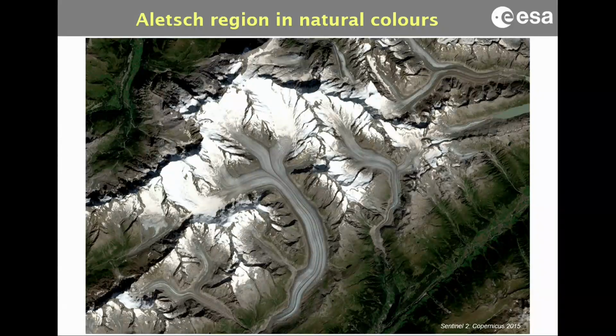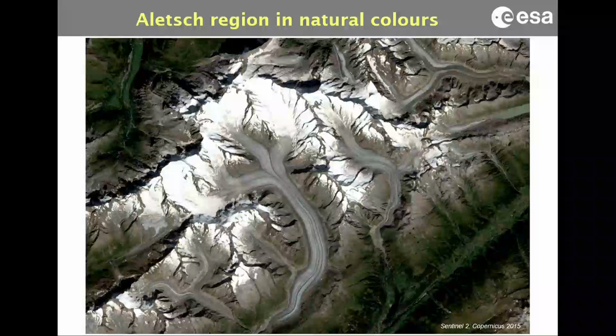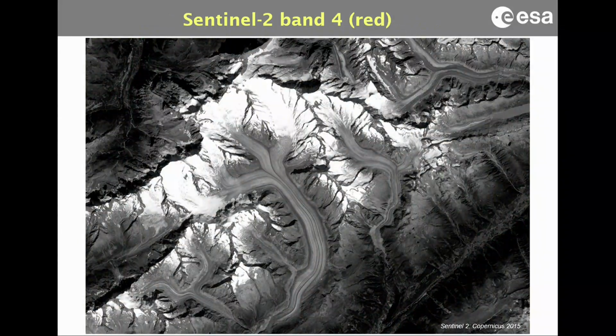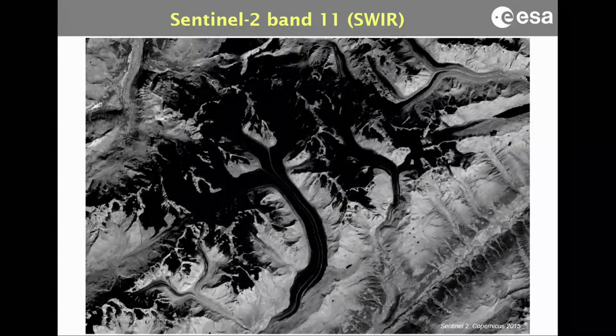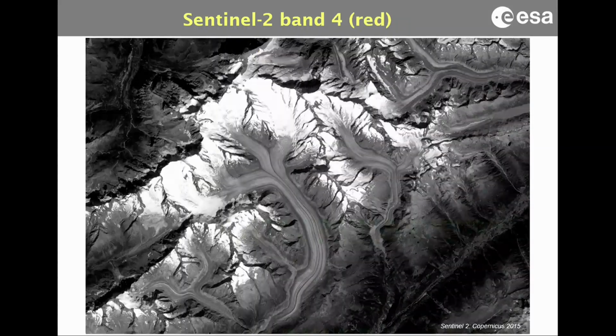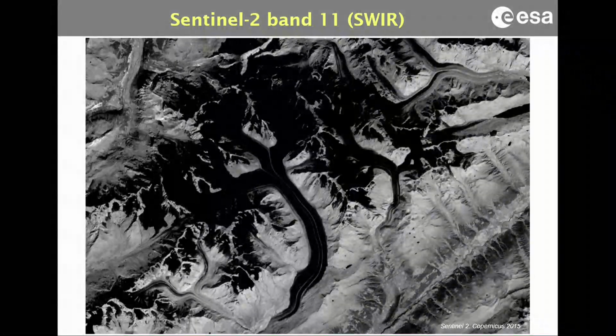And I can do this very quickly because you have now seen the basics. So, Aletsch region in natural colors, very beautiful, with a little bit of snow still left in August 2015. This is the red band, so not much change. This is shortwave infrared, so you see this change in spectral reflectance.